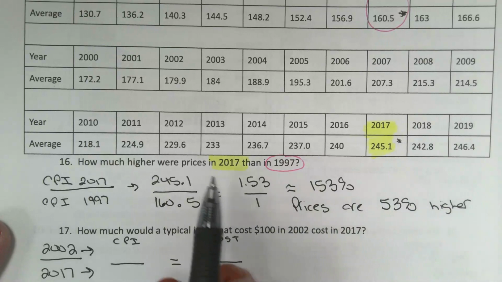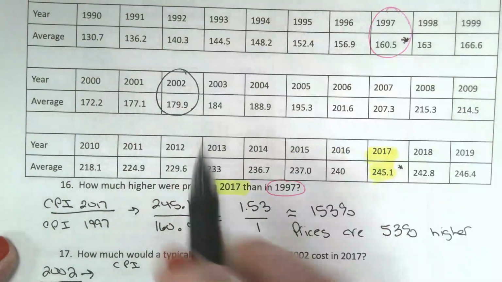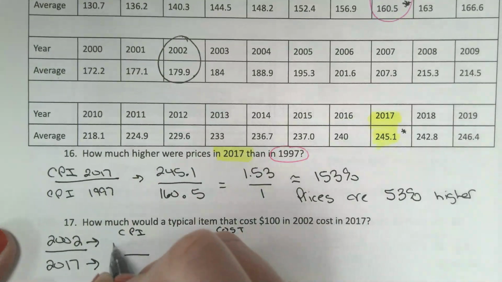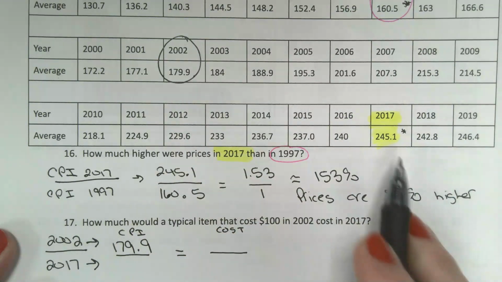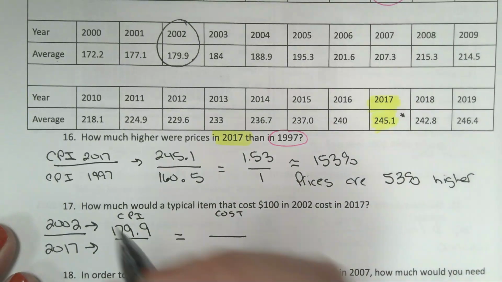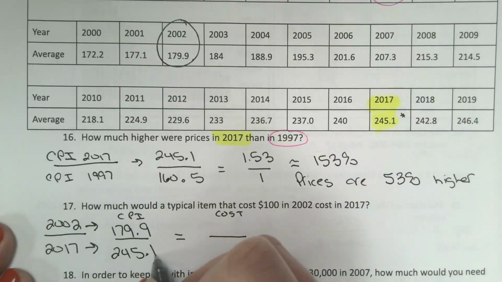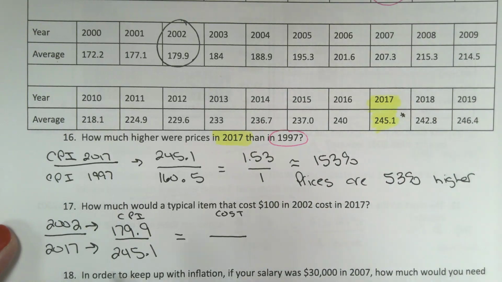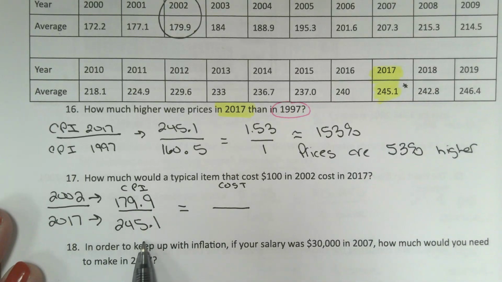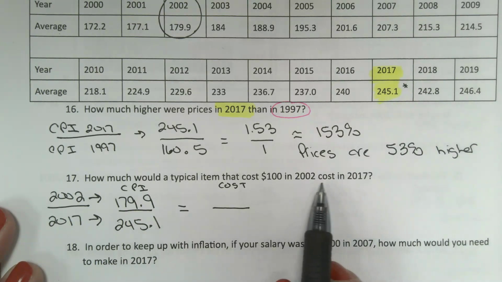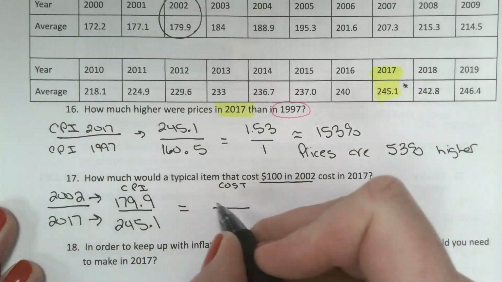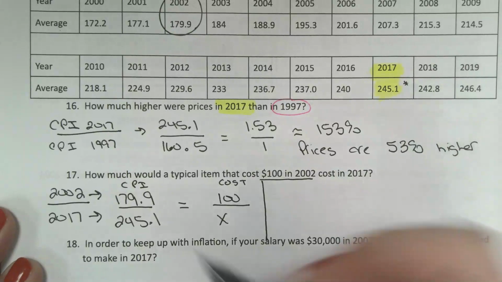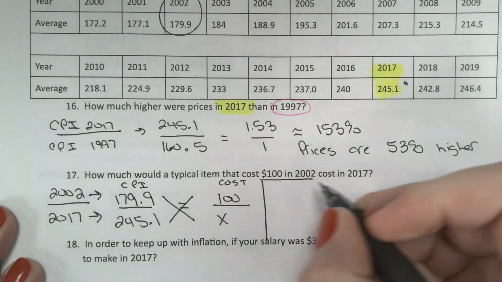All right. So in 2002, the CPI is 179.9. And in 2017, it's 245.1. When I'm trying to figure out these costs, I'm going to keep going back and use the CPI as one of my fractions here. It was $100 in 2002. I want to know how much it is. So once you have fraction equals fraction, we're going to cross multiply.